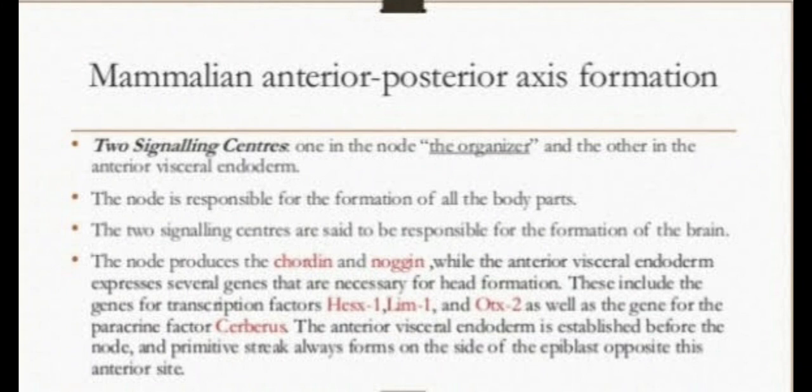The anterior posterior axis has been most elaborately studied in mouse. In mouse, the epiblast is the cup-shaped structure, while in other mammals, particularly humans, they are disc-shaped.